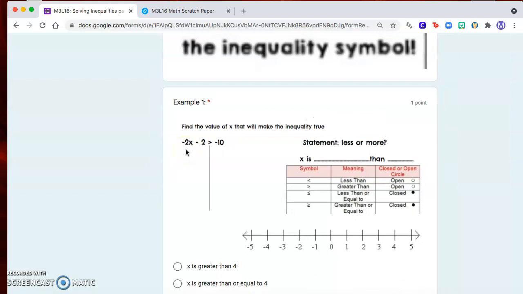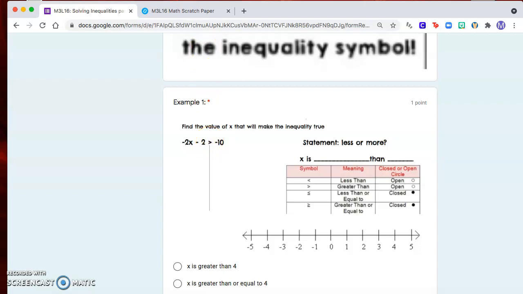If I divide or multiply by a negative number, it always changes that number to the opposite, and that actually includes the inequality sign. So it's telling me to also do the opposite of that inequality sign.